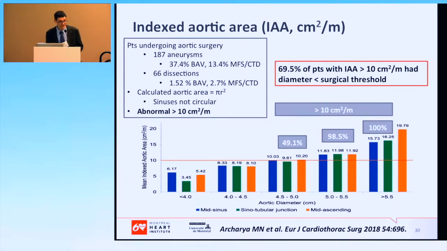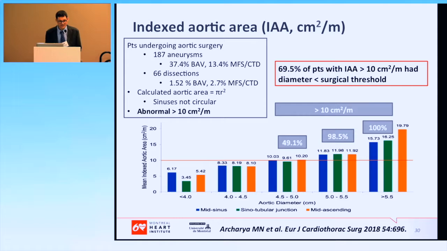Similarly, in this later series, 69.5% of patients with an indexed area of more than 10 centimeters square per meter had a diameter below the surgical threshold. Notably, almost half the patients with an aortic diameter between 45 and 50 millimeters. So the indexed aortic area may be a more refined marker of risk in patients.